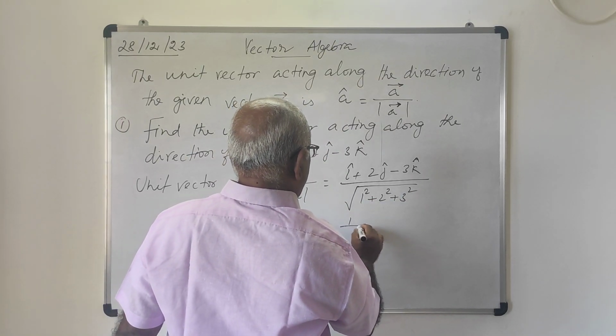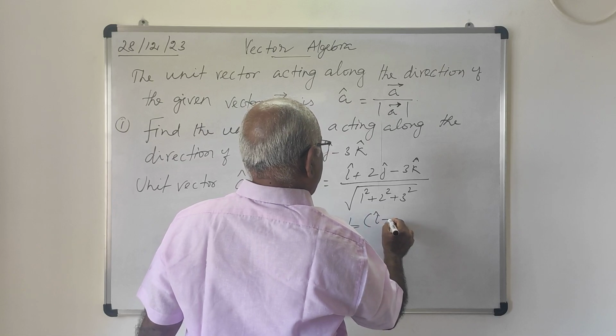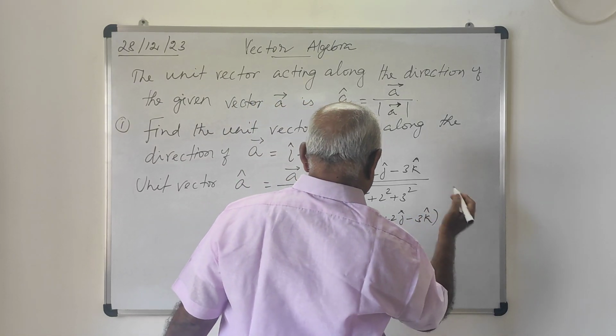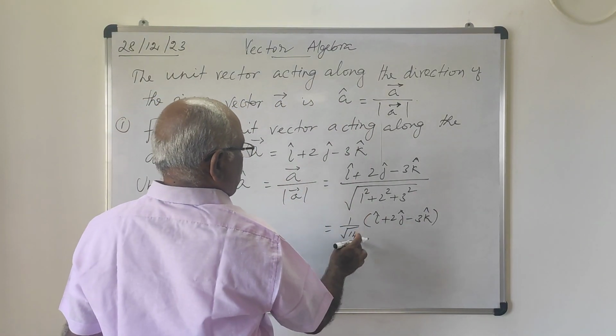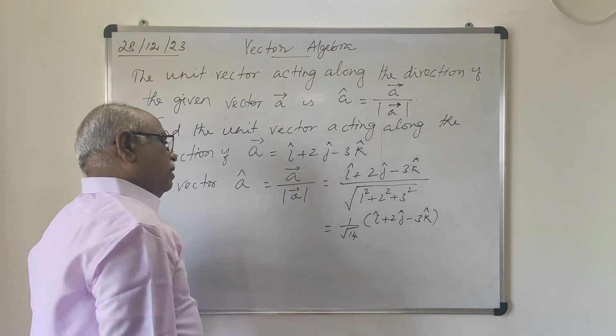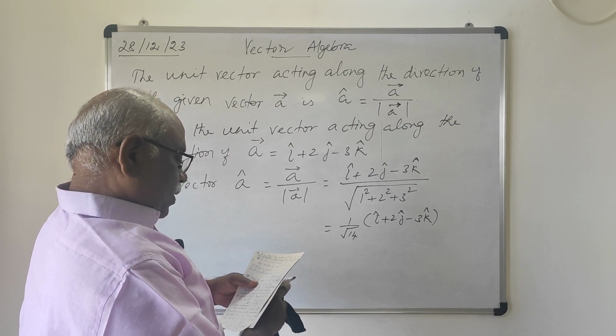This is equal to 1 by root 14 into i plus 2j minus 3k. This is the unit vector acting along the direction of the vector A. Or otherwise, 1 by root 14 i plus 2 by root 14 j minus 3 by root 14 k. We can also write it this way.